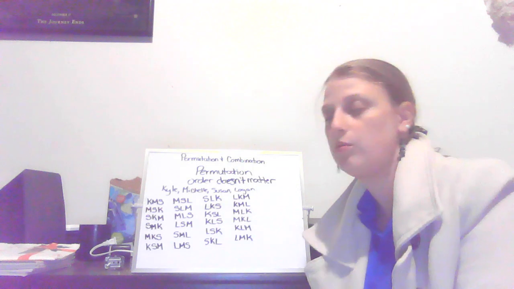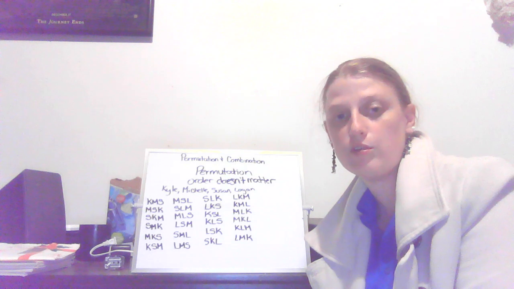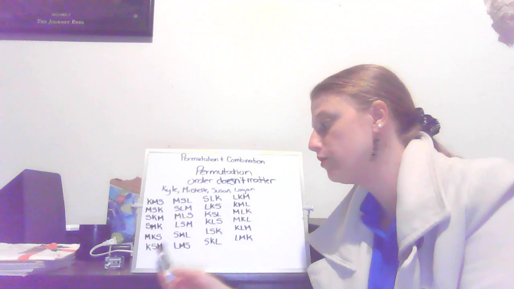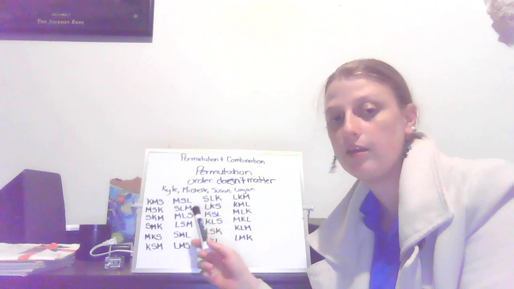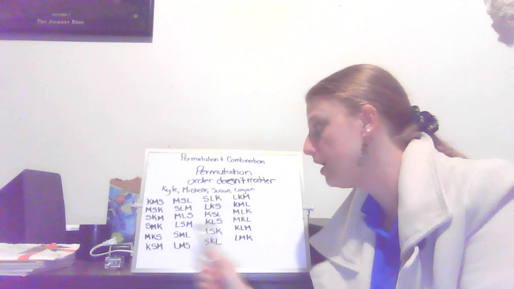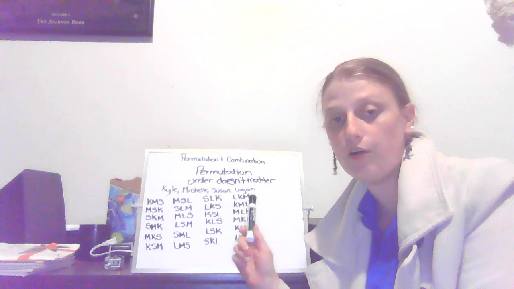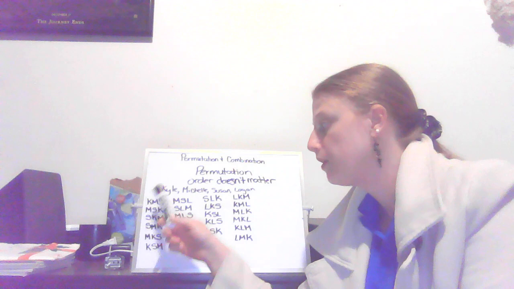When you're working with permutations, you're trying to find how many different arrangements you can come up with when order doesn't matter. I use their first initials, and we're going to count how many there are, and that's going to tell us exactly how many permutations there are for these 4 competitors.